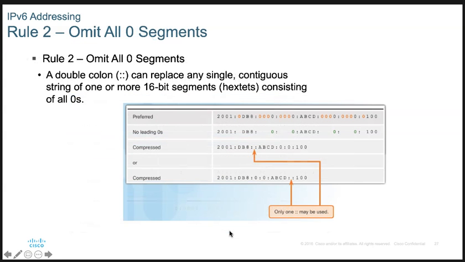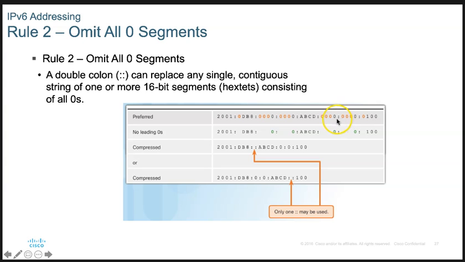Then the second rule is to omit all-0 segments. Let's pretend you have an IP address where you have hextets that are all zeros. I'll give an example with this one. Here we go. This is an IPv6 address, but watch how this hextet is all 0, and this other hextet is also all 0, and this hextet also is all 0.